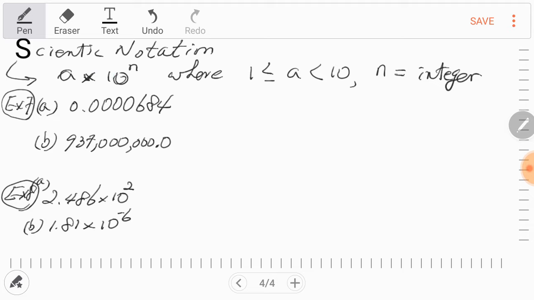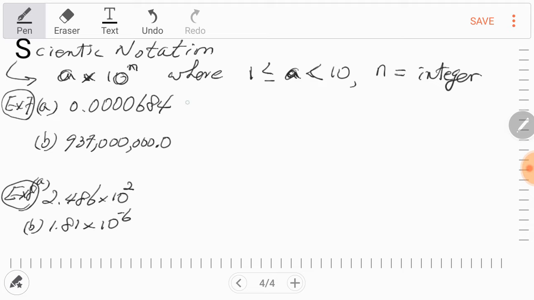The range of this number a is always greater than or equal to 1 and less than 10. So a is like up to 9.9999 something. And then the exponent of 10 is just an integer. It can be a positive integer or a negative integer.